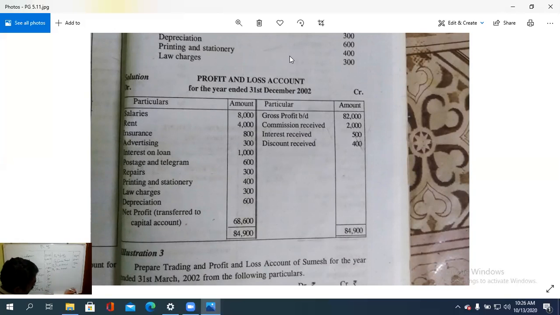Take the total of this and then deduct it from the credit side total. So it is 68,600. This is the P&L account. Then often they ask to do both things at the same time, meaning prepare trading and profit and loss account for the year ended so and so.